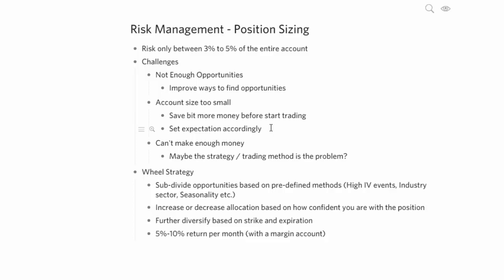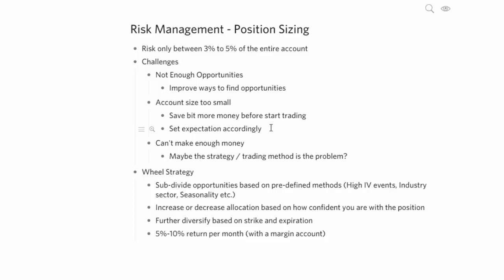So some companies may have earnings coming up. They may have some kind of drug testing going on, a phase 3 readout coming up, or a new product release. So things like that could lead to an increase in implied volatility of the options. And so I have a screening method for that.